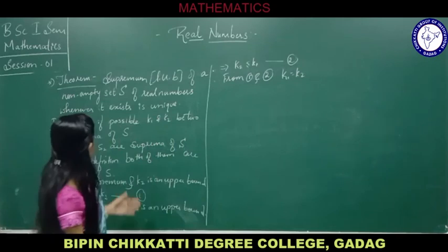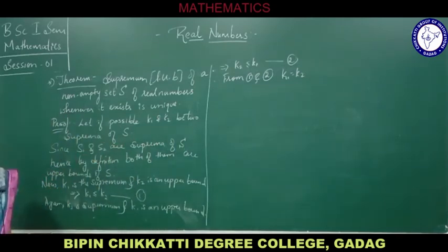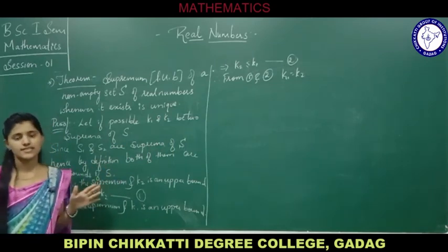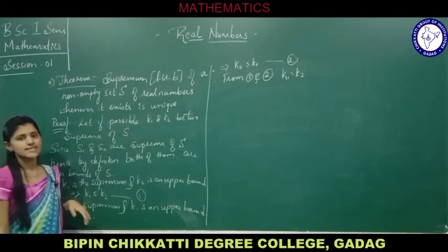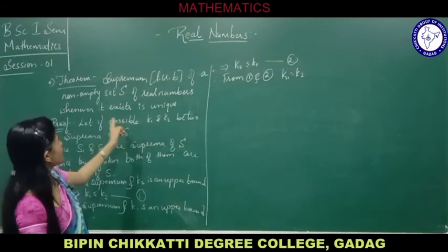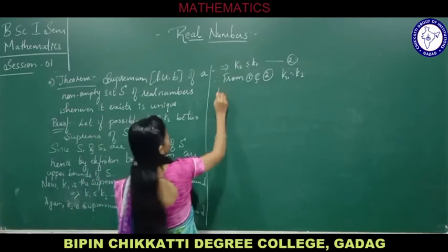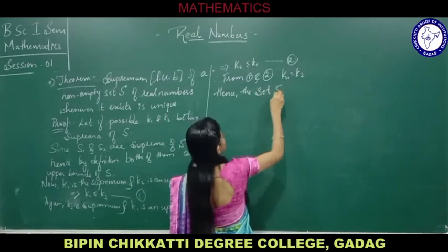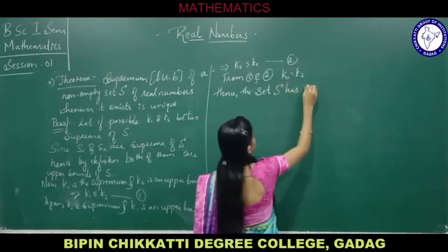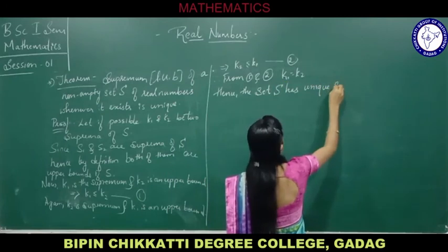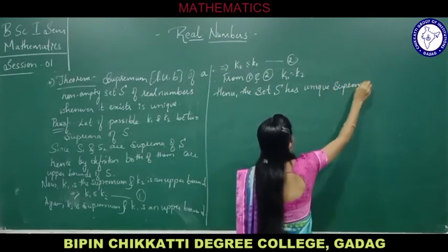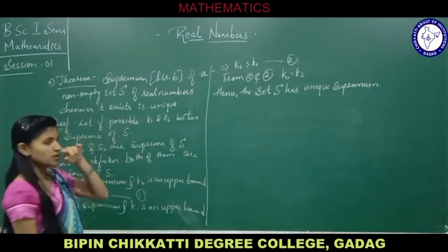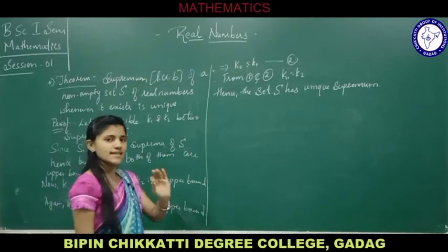We had considered that it has two suprema, but at the end we concluded that K1 equals K2. Hence, the set S has a unique supremum.